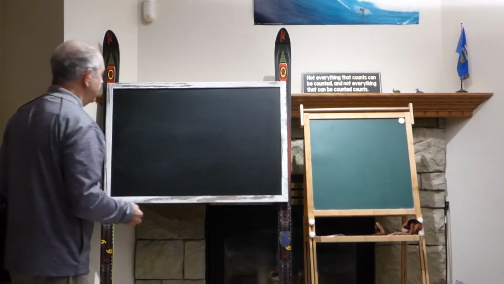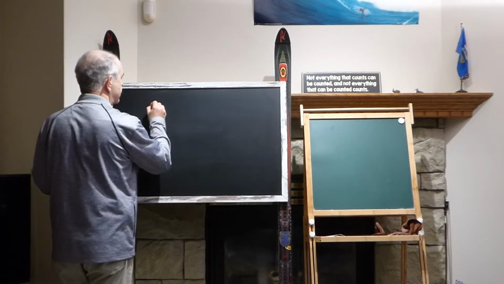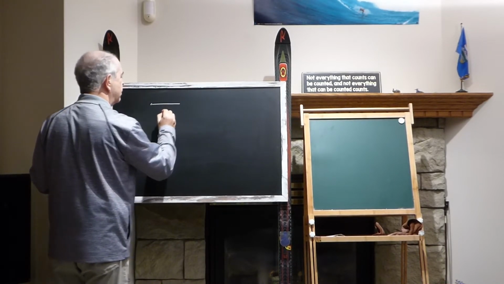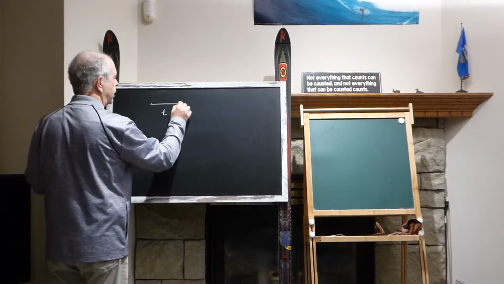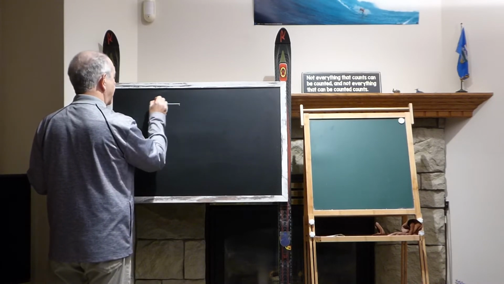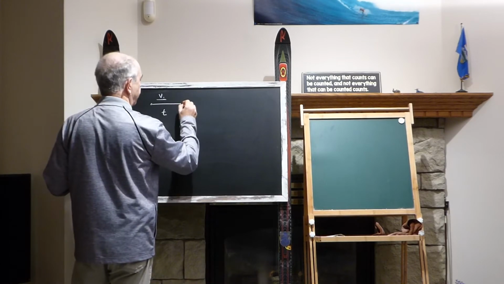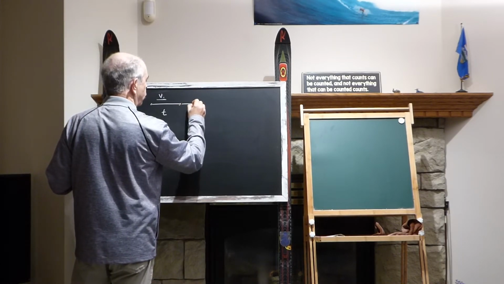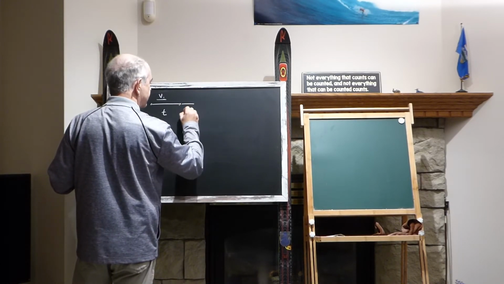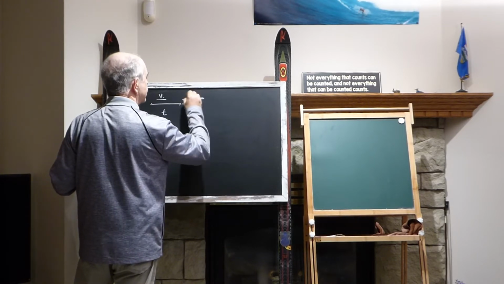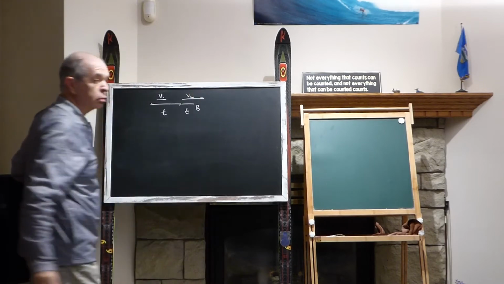That said, let's discuss the first case, when for some time t, the body travels from here to here, and the speed is v1, and then from here to here, it travels the same time, but with significantly bigger speed, v2.